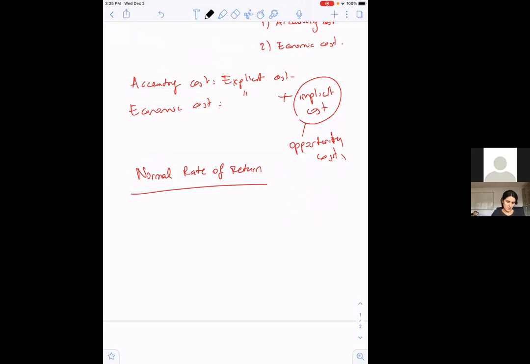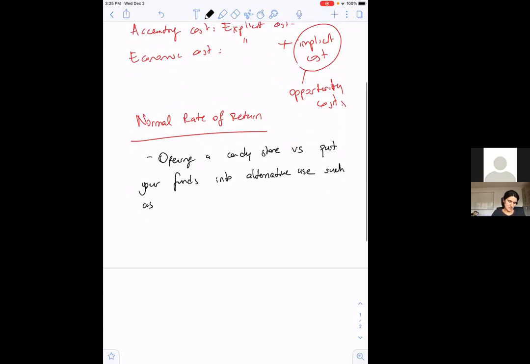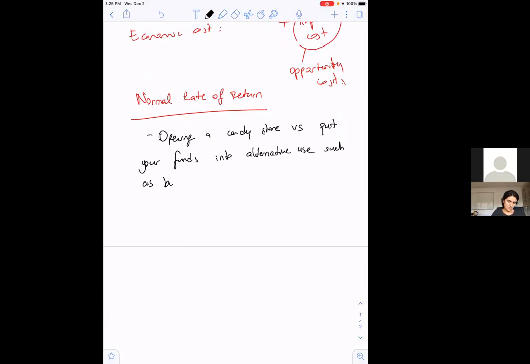Opening a candy store versus putting your funds into alternative use such as buying bonds which earn interest.